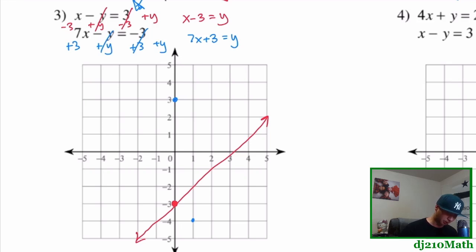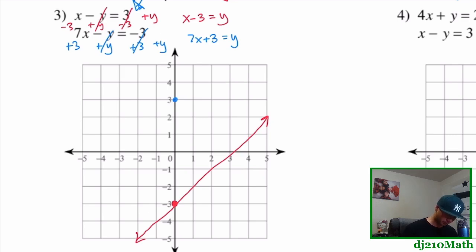So just double checking this. 1, 2, 3, 4, 5, 6, 7 over 1. Why am I going down 7? I need to go up 7. So up 7 over 1. So it's positive slope, so it has to rise to the right. So I went the wrong way.